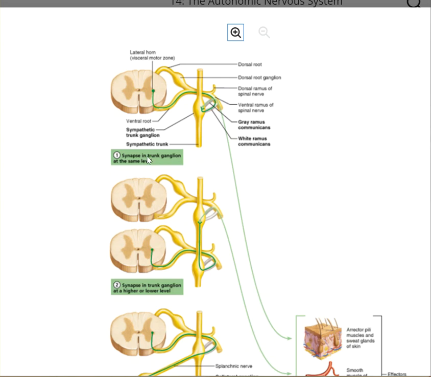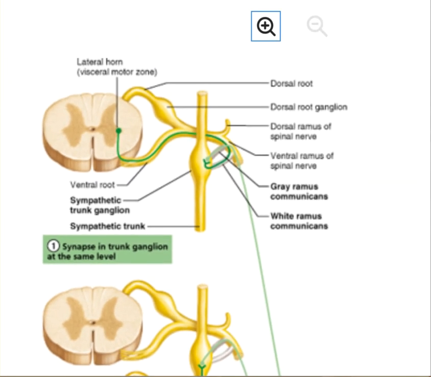So the first way, we'll zoom way in here so you can see this. It says synapse in the trunk ganglion. Those are the paravertebral ganglion at the same level that it exits. So here's our lateral horn. We send a message out the ventral root, and it synapses here at our paravertebral ganglion in the sympathetic trunk.